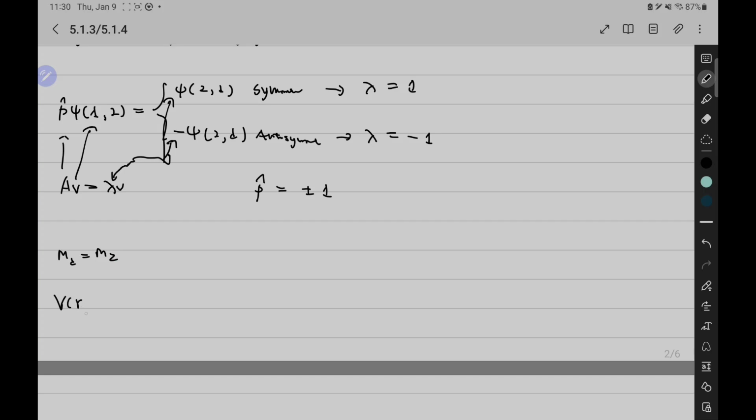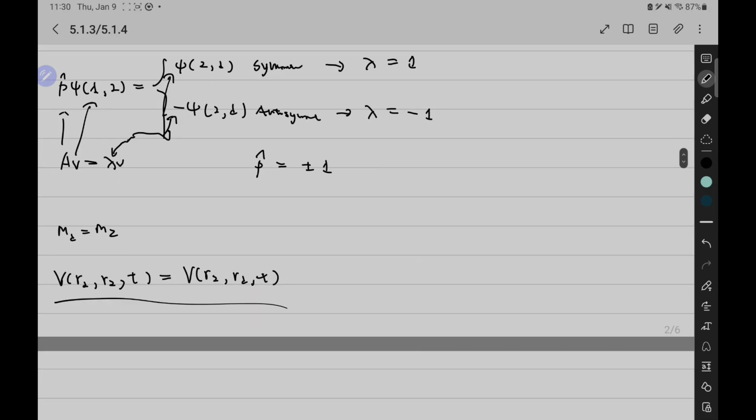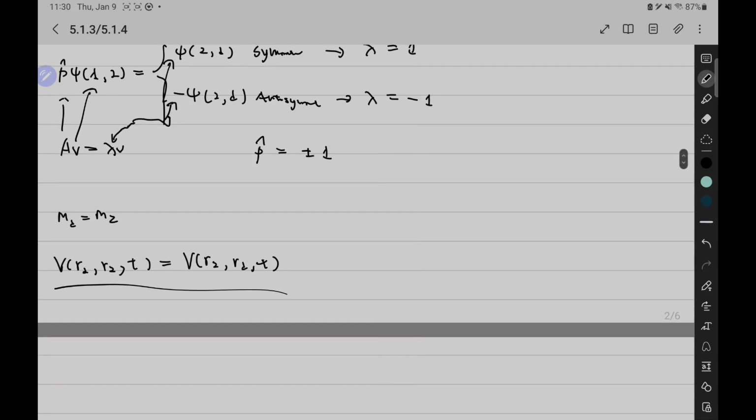So V(r1, r2, t) is going to be V(r2, r1, t), right? So the Hamiltonian treats them the same. If the Hamiltonian treats them the same, then the potential energy is symmetrical on the exchange. The potential energy is not changing if you swap spatial coordinates.